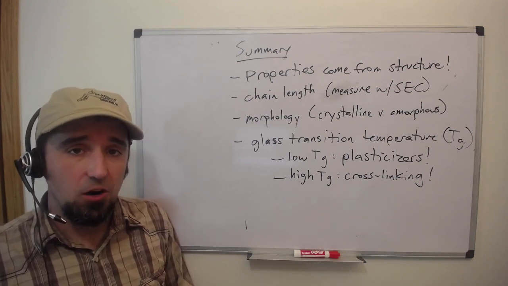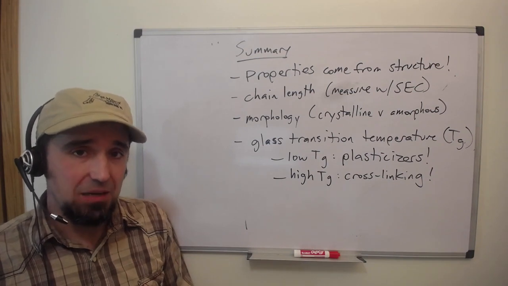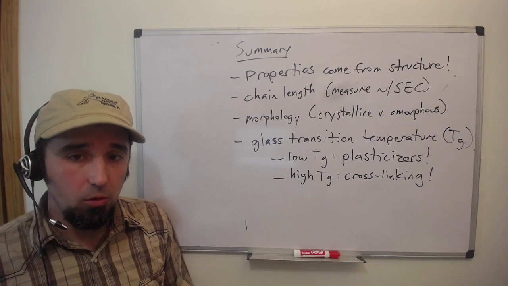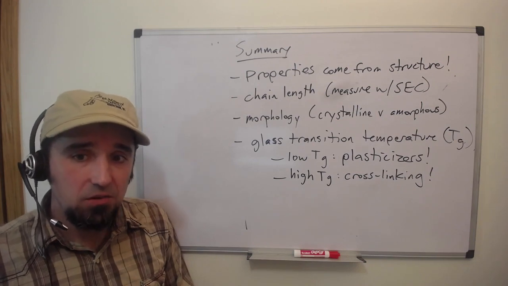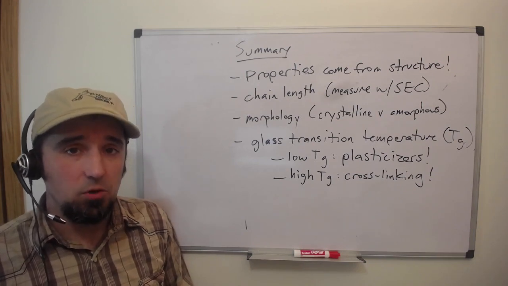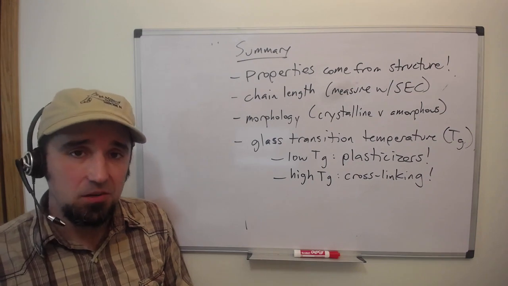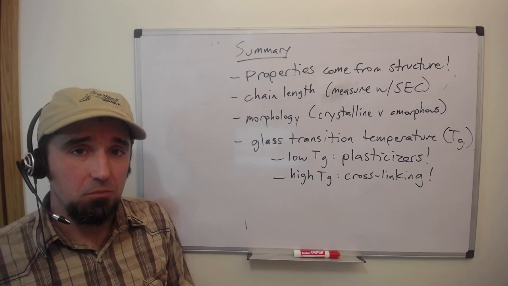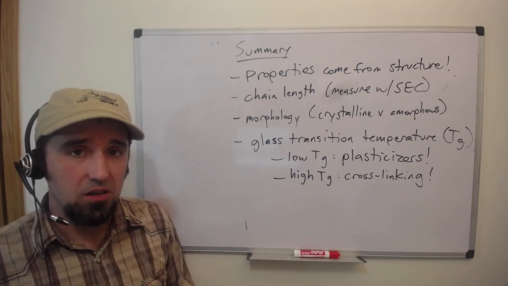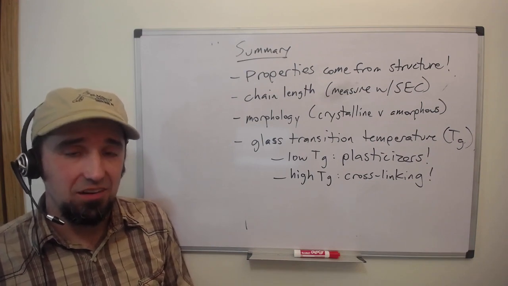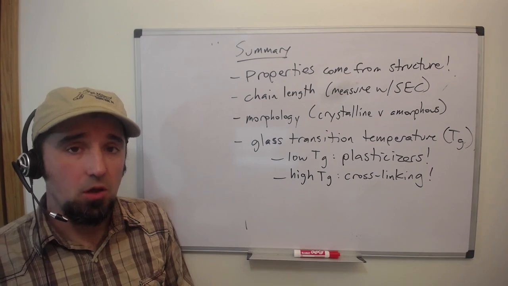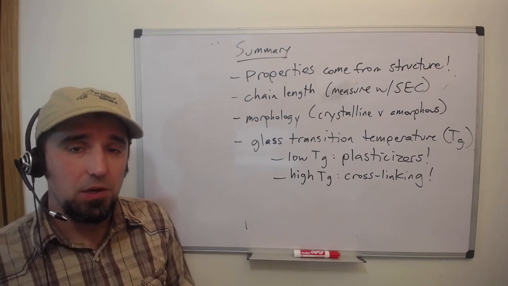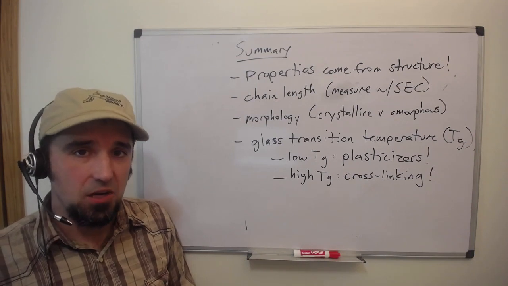We also want to consider our glass transition temperature, the temperature that basically separates glass from rubber. For a low Tg compound, if we want a rubbery, flexible compound, we might have to add a plasticizer, small molecules. And if we want a really high melting material, high Tg, then we're going to look into cross-linking like vulcanization. So from here, we'll go on to actually learning about some specific polymers and thinking about how to engineer these properties.